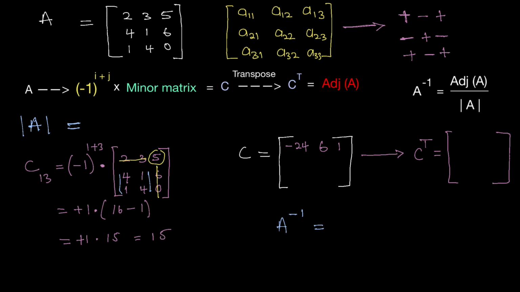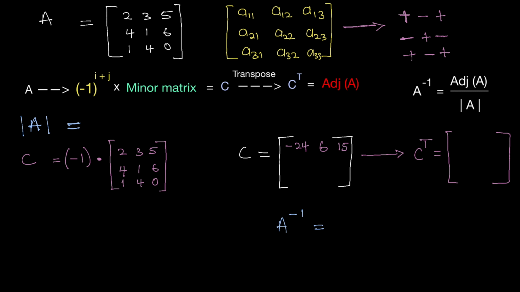We put 15 here. I need to find the element C21, that will be 2 plus 1, which equals minus 1 times the element A21, horizontal line, vertical line. The determinant of the minor matrix will be 0 times 3 minus 4 times 5. 0 times 3 is 0, minus 4 times 5, 20, so that would be minus 20.